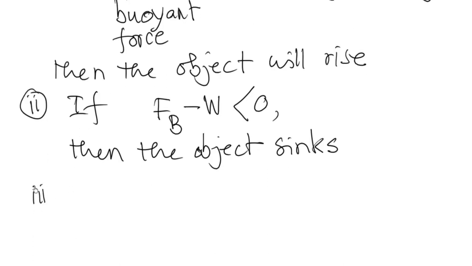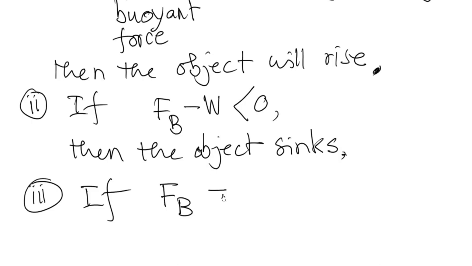And third, if the buoyant force is equal to the weight of the object, that means the difference is 0. We can write Fb minus W is 0.